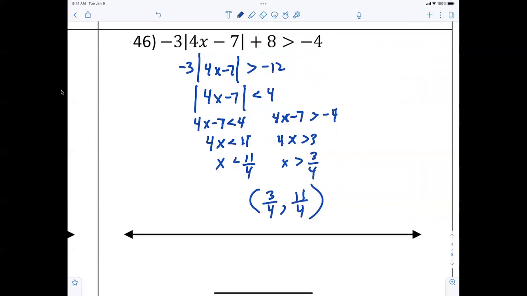Can you say 0.75 to 1.75? Well, not 1.75, but 2.75. 0.75 to 2.75. Go with that.